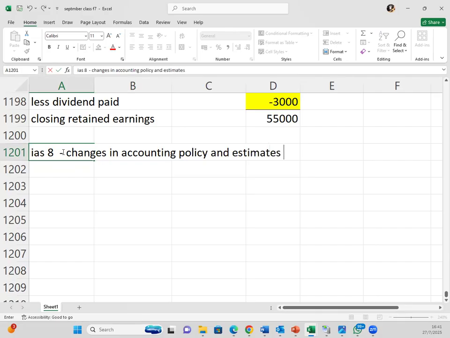So the standard deals with how do we account for the change in policy and change in estimate. So if a business is said to have made a change in an accounting policy, what is it about? Then what is a change in an accounting estimate? So let's have that down.